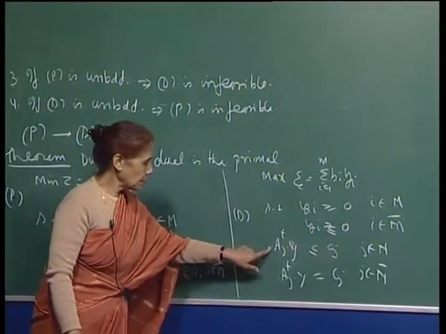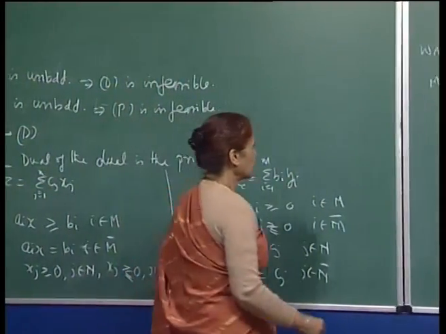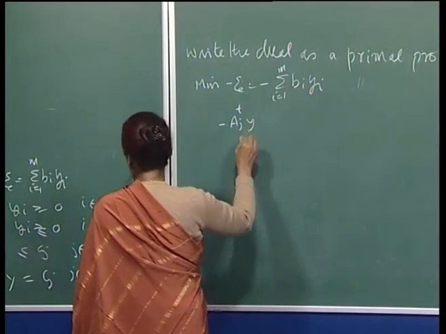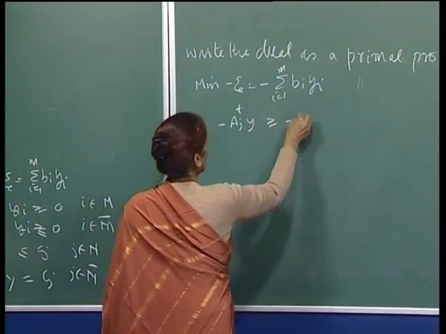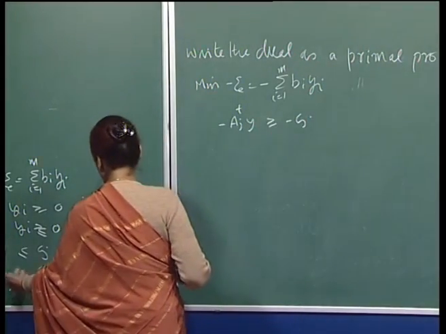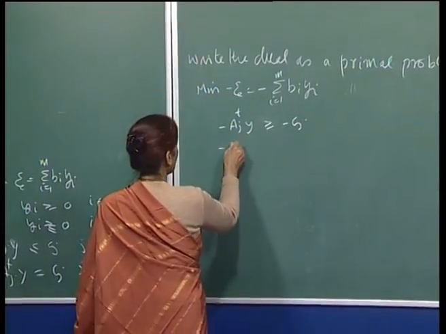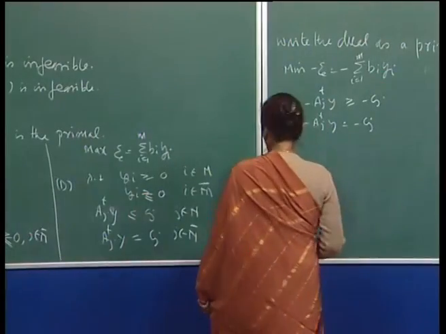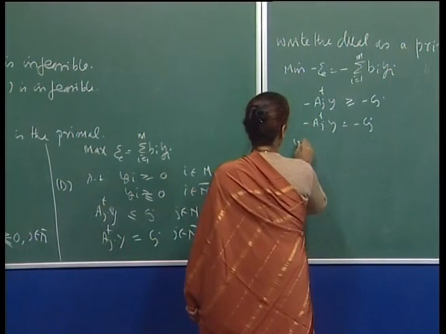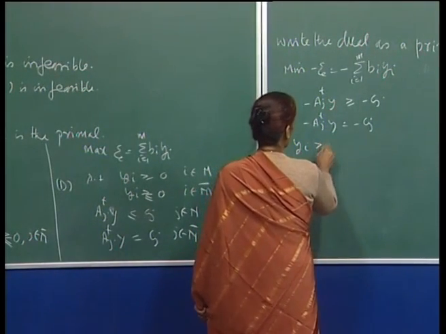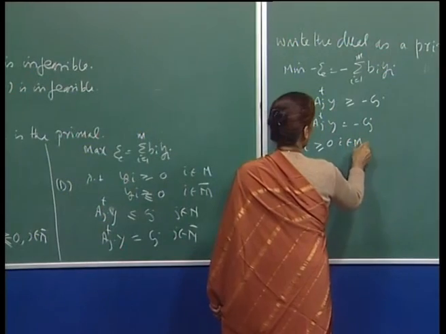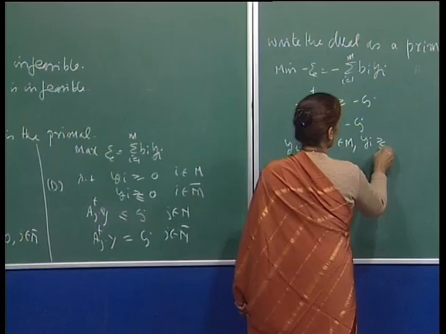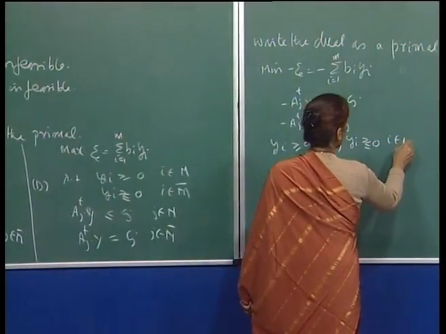So, I will multiply this by a minus sign, and so this will give me minus A_j transpose y greater than or equal to minus c_j, and for the equality constraint, to maintain uniformity, I will write this as minus A_j transpose y equal to minus c_j, right, and then y_i greater than or equal to 0, i belonging to M, and y_i unrestricted for i belonging to M bar.